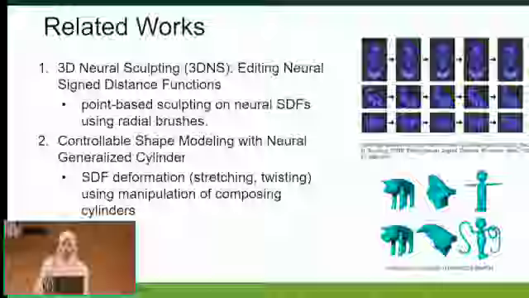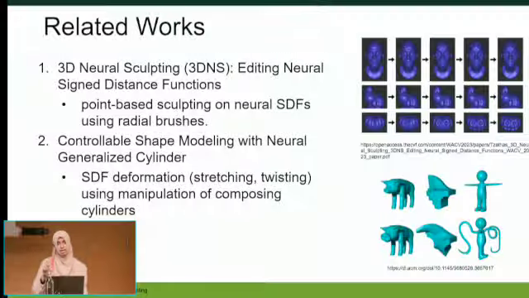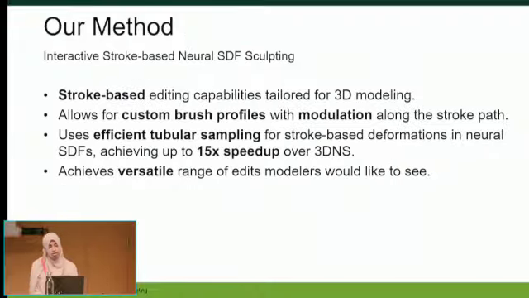The shape is broken down into several cylinders, and for each cylinder, there is a neural field in those relative coordinates. And then complex editing operations such as stretching and twisting can be performed. What we consider as our baseline is the 3D-NS method, and we'll see how we differ.